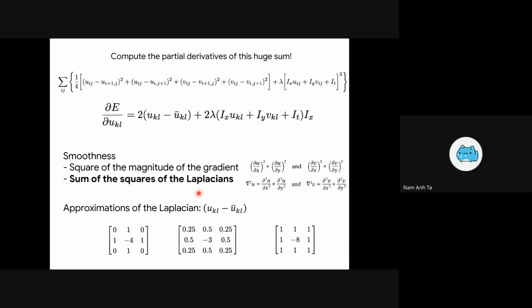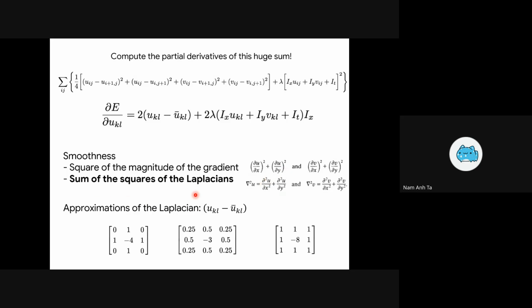As discussed, we use a smoothness term to prevent the optical flow field from changing too abruptly. But how can we mathematically represent the smoothness? There are a few ways. The most common method is using the sum of the squared gradient, meaning that we want the spatial variation of u and v in the x and y directions to be as small as possible.